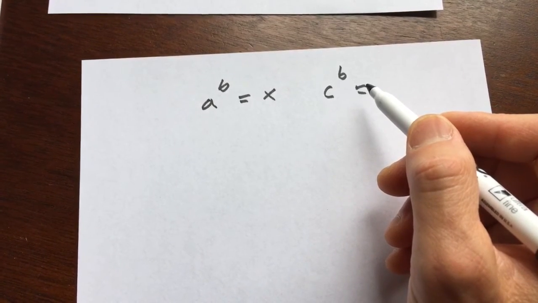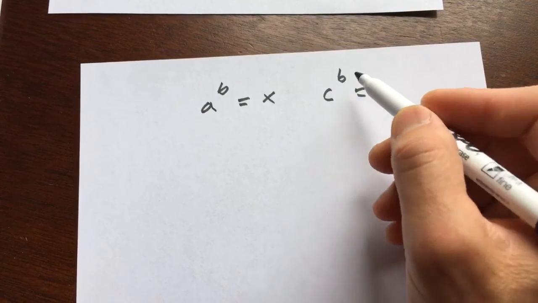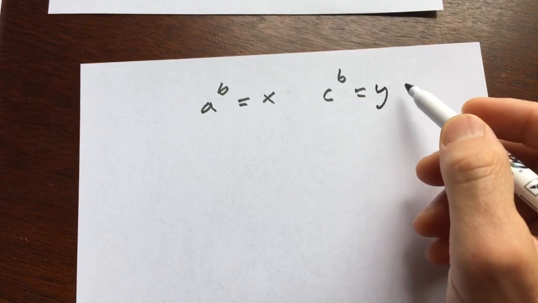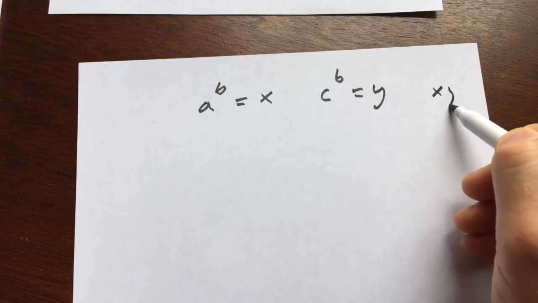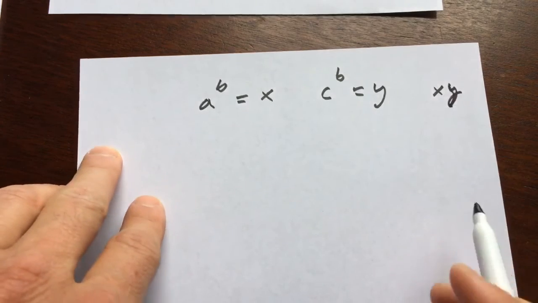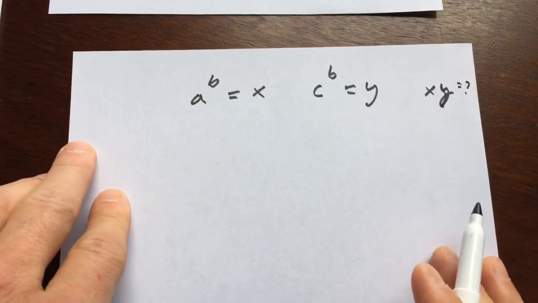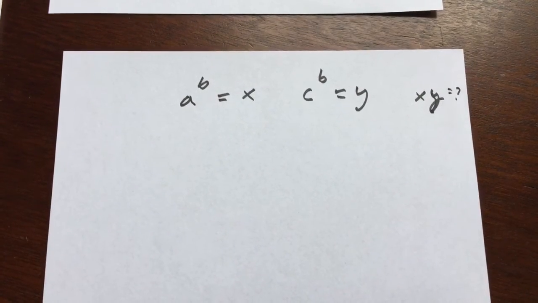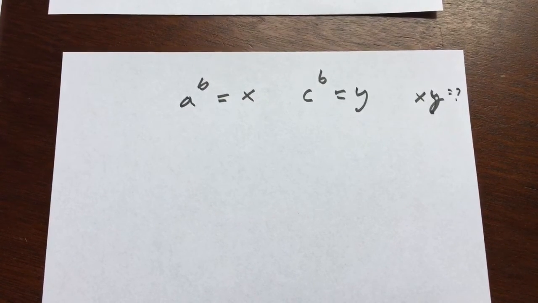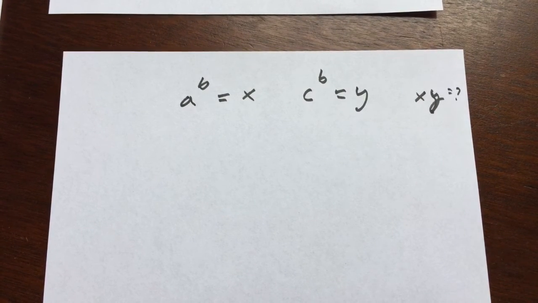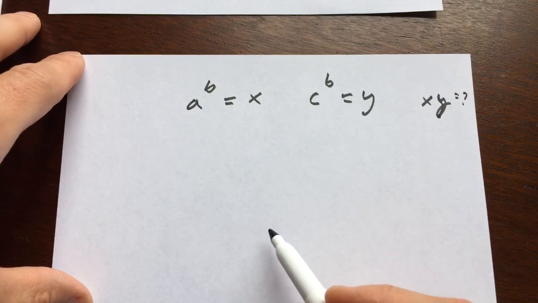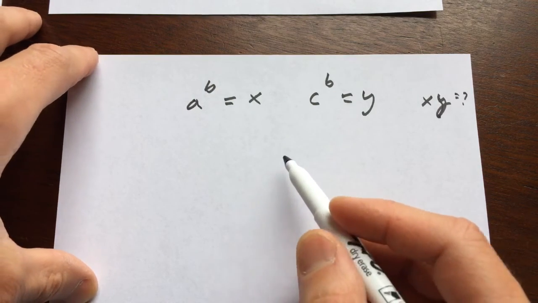We can talk about that too. Looking at Markila's question: if a, b, and c are positive integers, and a to the b equals x and c to the b equals y, then what does x times y equal?